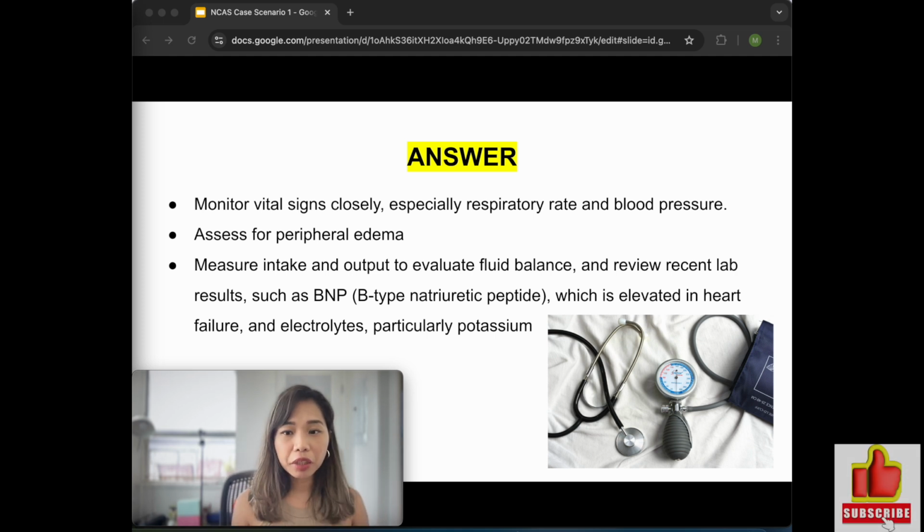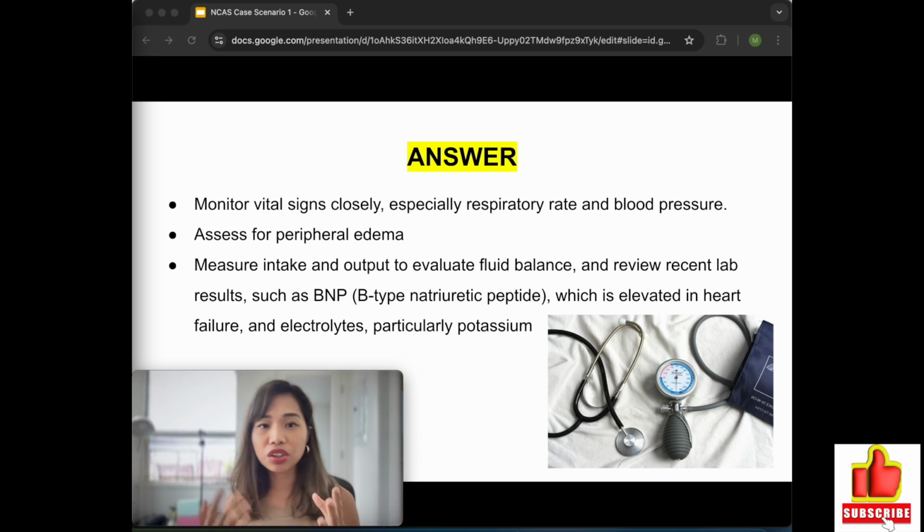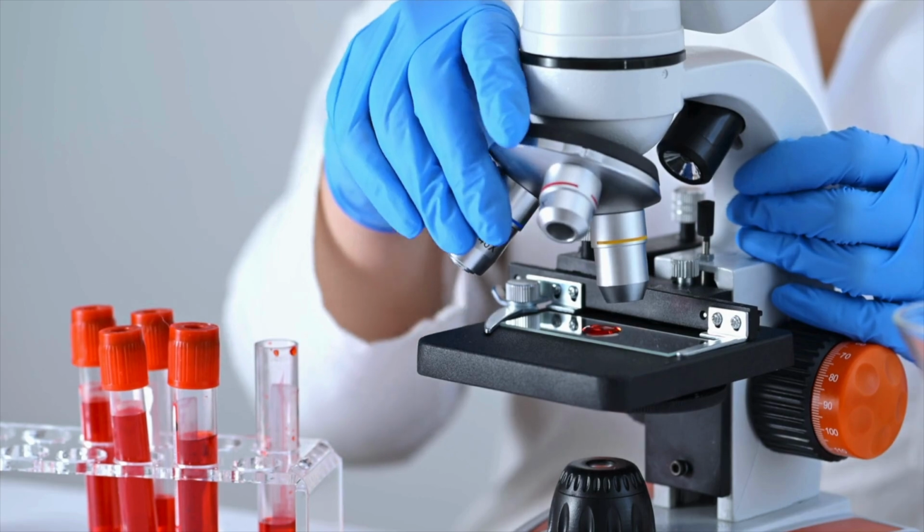So healthcare providers, doctors, nurses, even pharmacists, will also look at this, because that tells us that the patient's heart failure is getting worse. It's not getting better. So as a nurse, you need to make sure that you are also looking at the patient's lab results.